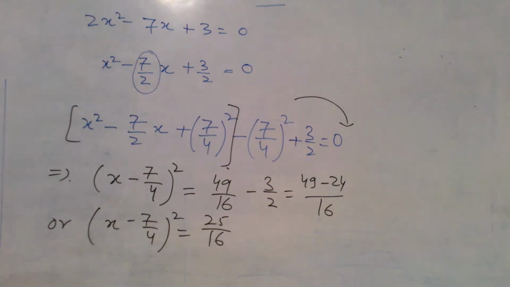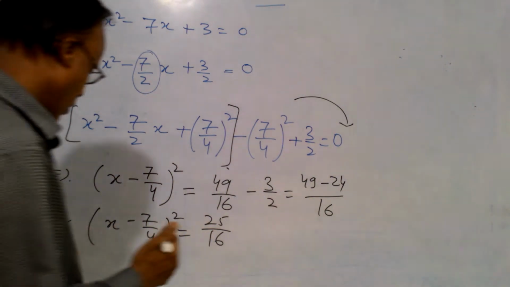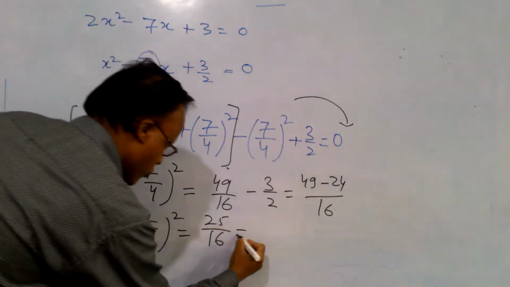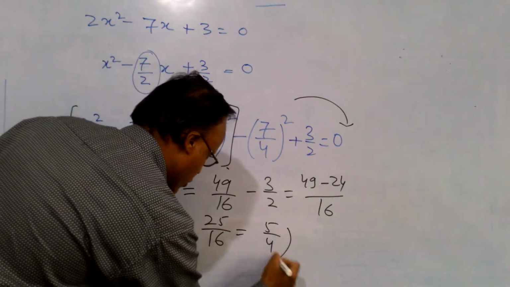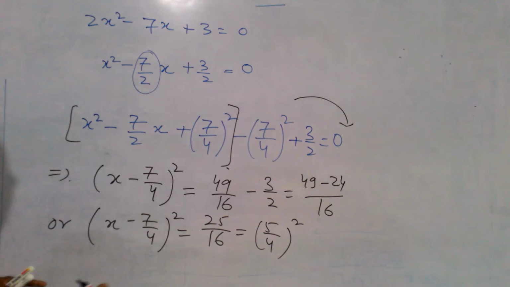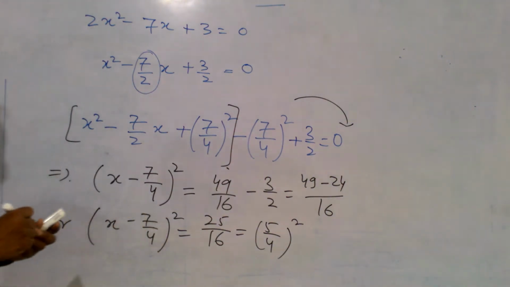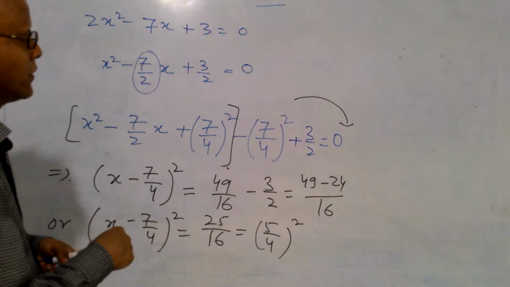Taking square root on both the sides, we get, you can say here also, this is 5 by 4 whole square. After that, note down, taking square root on both the sides, we get, what will you get?